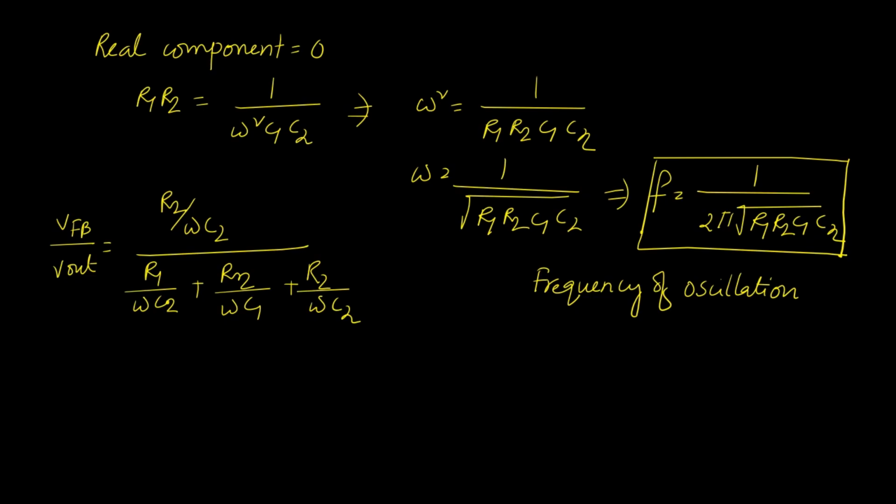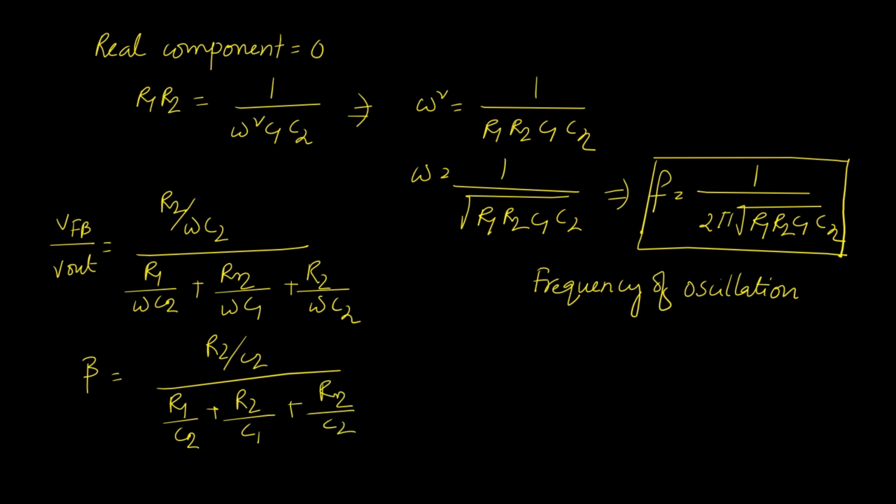So now here we can calculate the value of beta by cancelling out the omega from numerator and denominator. So beta equals R2 by C2 by R1 by C2 plus R2 by C1 plus R2 by C2. So this is the value of feedback gain in Wien Bridge oscillator.